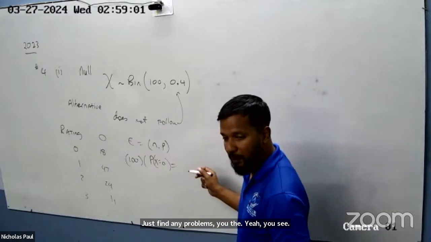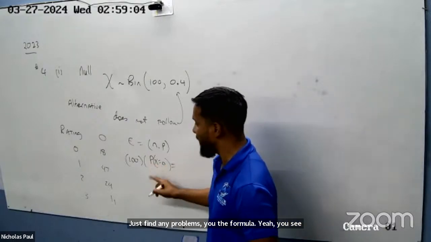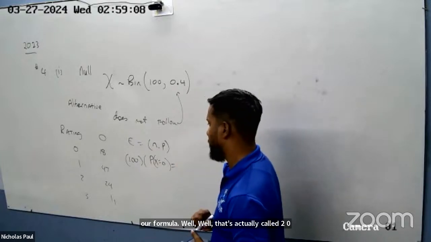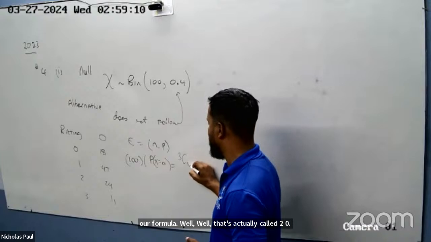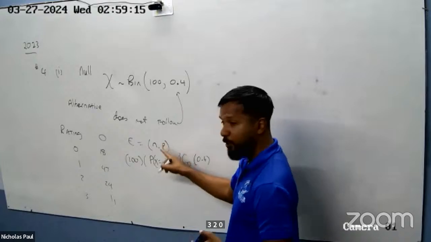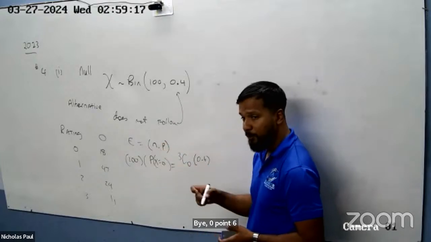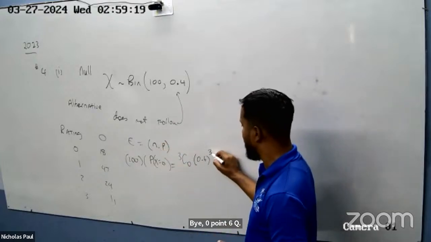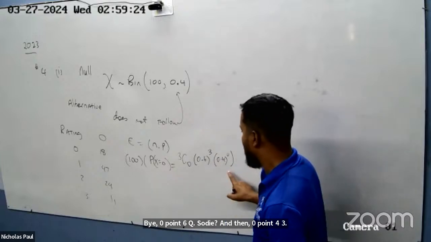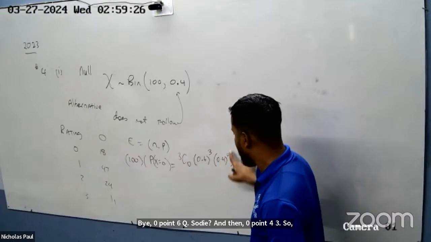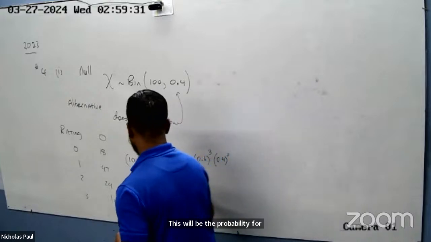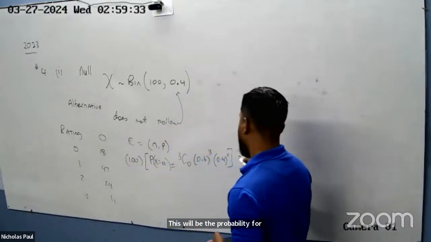What's the formula for x equal to 0? 3 choose 0 by 0.6 cubed, since it's binomial, and then 0.4 to the power 0. This will be the probability for x equal to 0, and then multiply by 100.